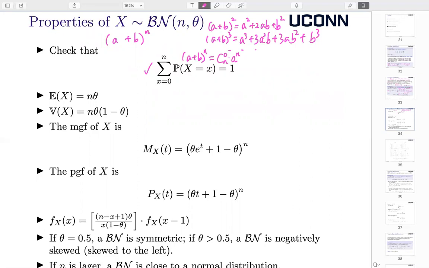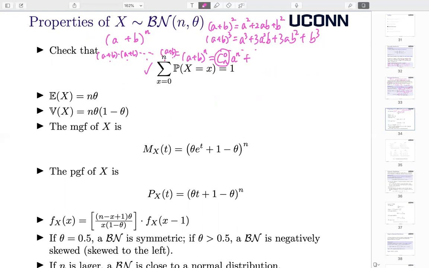In order for this to give me the term a to the power of n, I cannot pick any b, because this is essentially (a plus b) times (a plus b), n of them. And in order to get a to the power of n, each of them must contribute a. That means none of them contributes b. That's why I have C(n,0).